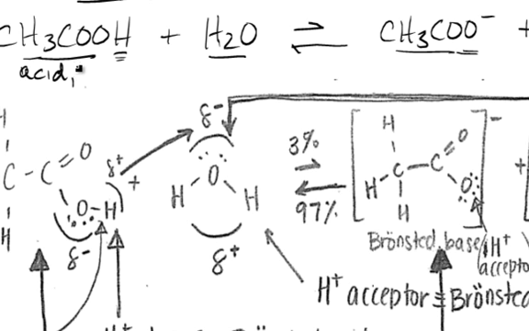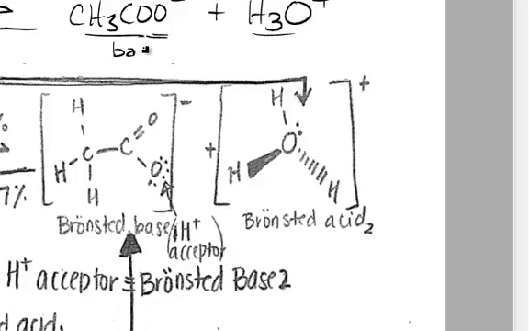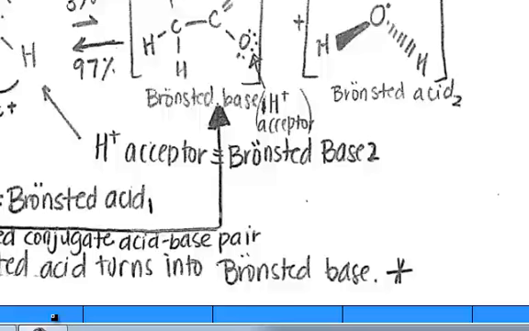In each chemical reaction there will be two what we'll call conjugate pairs of Bronsted acids and bases. So the conjugate base of ethanoic acid would be ethanoate, because ethanoate anion forms as a result of ethanoic acid donating the H plus to water.